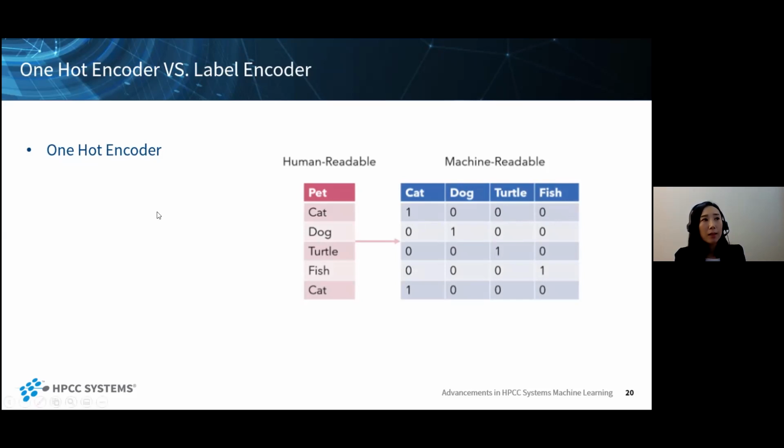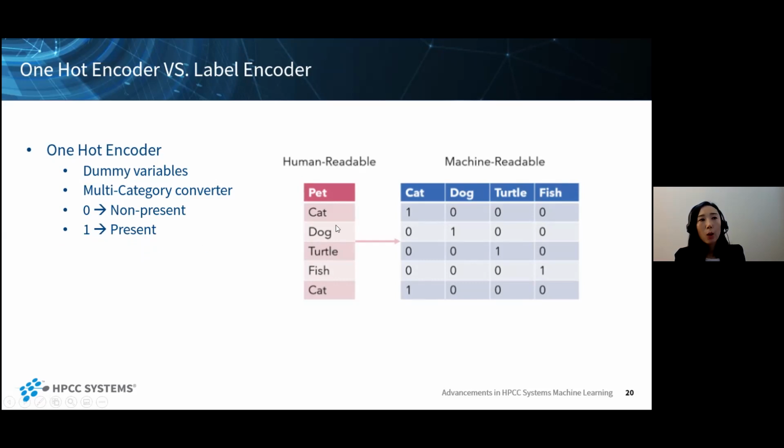If you are from a statistical background, you may know that it's basically a dummy variable converter. So you are converting a string-based feature or variable into machine-readable 0-1 encoded data. 0 means non-present and 1 means present.